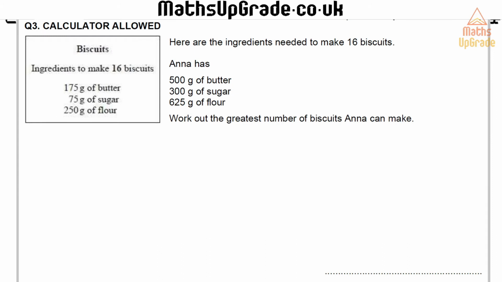In question 3, we're given the ingredients needed to make 16 biscuits. Anna has only 500 grams of butter, 300 grams of sugar and 625 grams of flour. Given that, we need to work out the greatest number of biscuits that she can make. So quite simply, we're going to see how many times the amount of butter she has divides into the amount needed. We're going to do the same for the sugar and the flour, and see which is the smallest number.